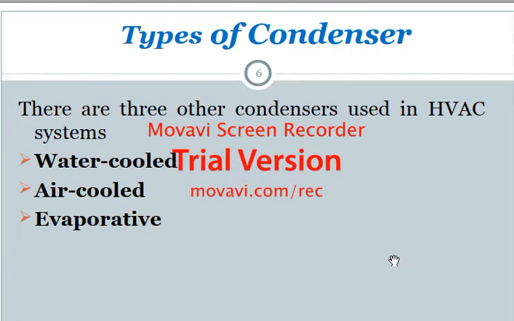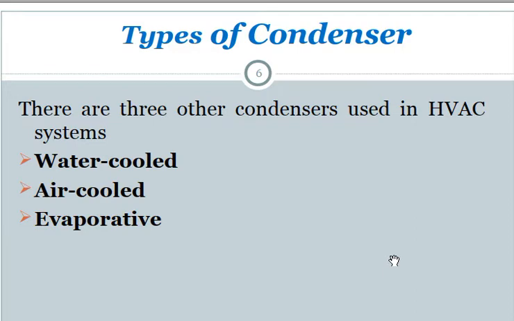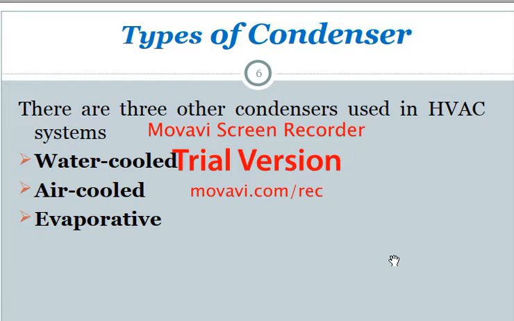Okay, we go to types of condenser. We have three types of condenser. The first is water cooled, the second is air cooled, and the last one is evaporative. Okay, we go one by one to study the types of condenser.